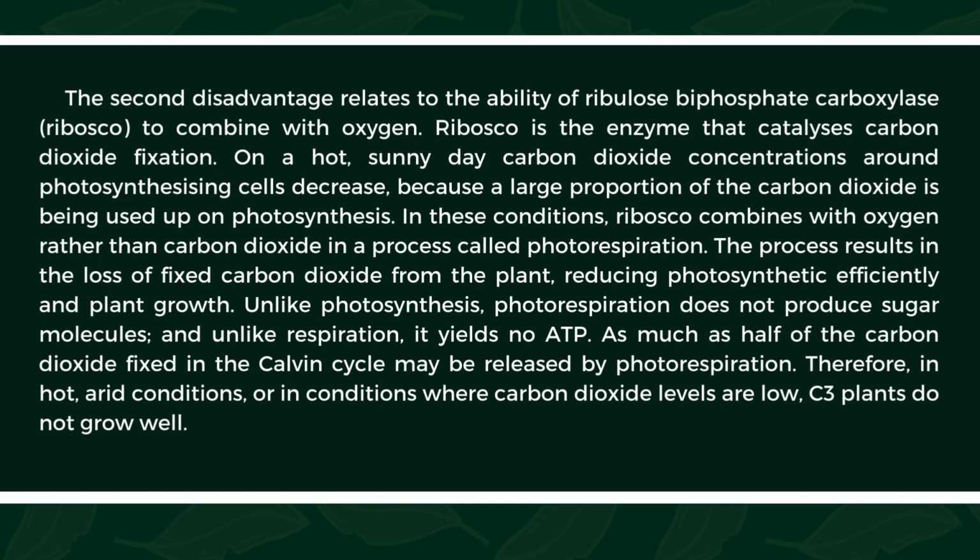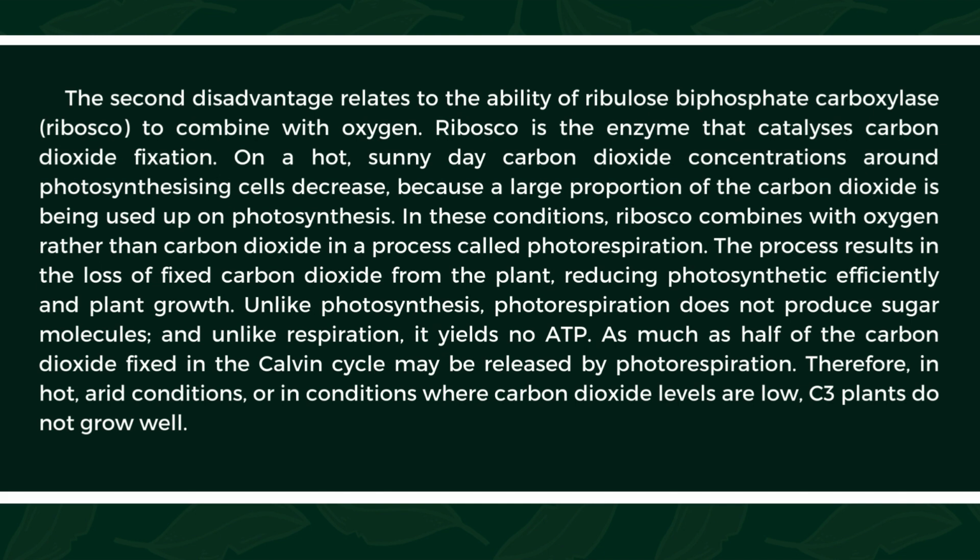In these conditions, Rubisco combines with oxygen rather than carbon dioxide in a process called photorespiration. The process results in the loss of fixed carbon dioxide from the plant, reducing photosynthetic efficiency and plant growth.